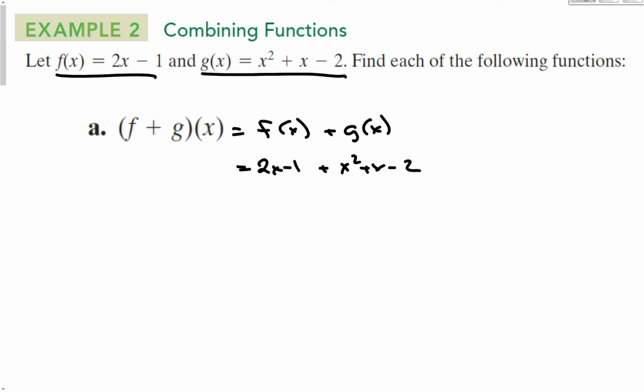And then to combine them, I just add the like terms together. So f plus g of x is x squared plus 3x minus 3.